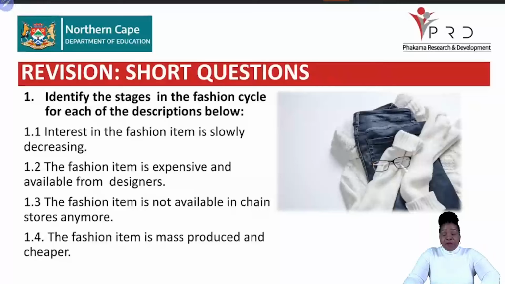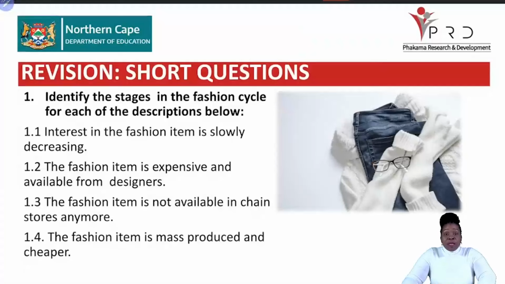Our first one says, identify the stages in the fashion cycle for each of the descriptions below. I'll read the first description. 1.1 says interest in the fashion item is slowly decreasing. Our 1.2 says the fashion item is expensive and available from designers.